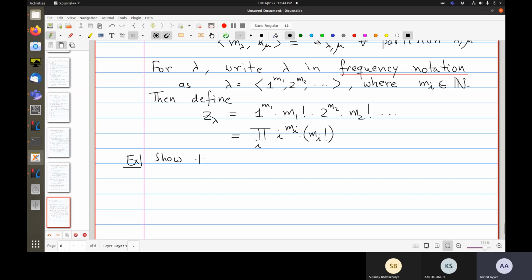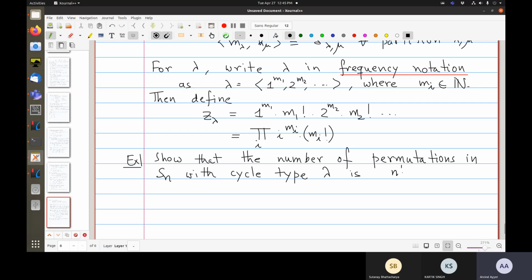Show that the number of permutations in Sn with cycle type lambda is n factorial divided by z lambda.